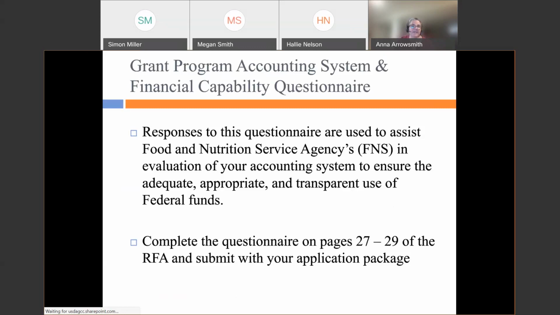The questionnaire is on pages 27 to 29 of the RFA, but I've also uploaded a fillable version under the Related Documents tab within the grant opportunity on grants.gov. So you can use that version, fill it in electronically, and then upload it with your other attachments to your grant application.